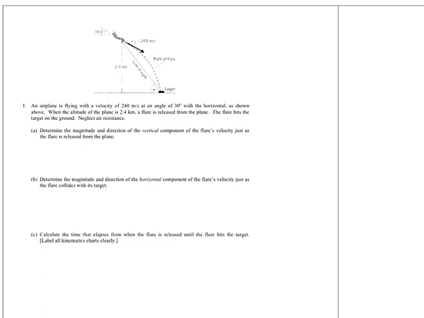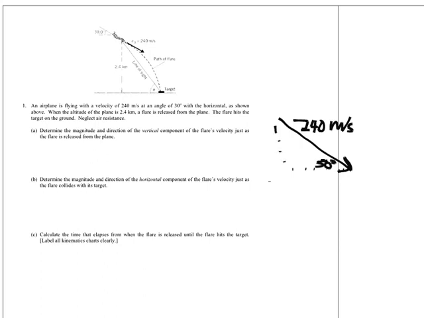First of all, we want to know the vertical, so that's the up and down component of the flare's velocity just as it is released. The instant it's released it has the same velocity as the plane, which we know is 240 meters per second at an angle of 30 degrees with the horizontal.